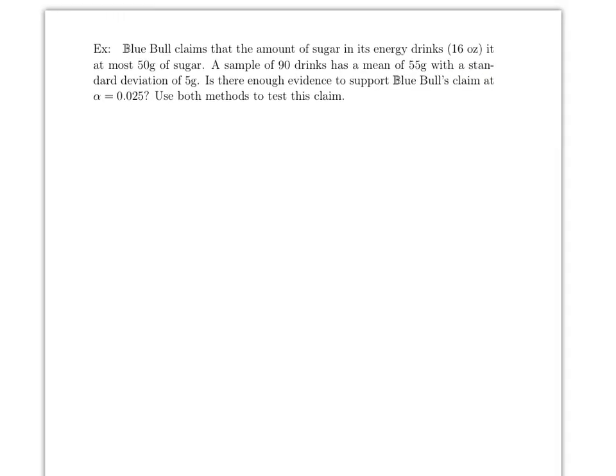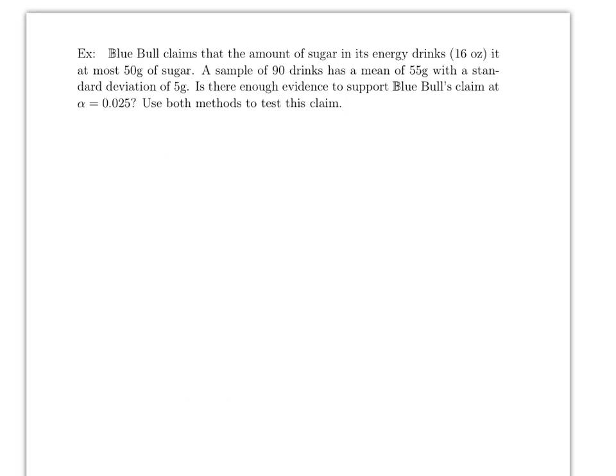All right, you didn't get the last problem. This is the chance to redeem your sins, so let's try this again. All right, so in this problem, Blue Bull claims that the amount of sugar is at most 50 grams. So therefore, the claim, which is step 1, is that the amount of sugar is at most 50. Okay?